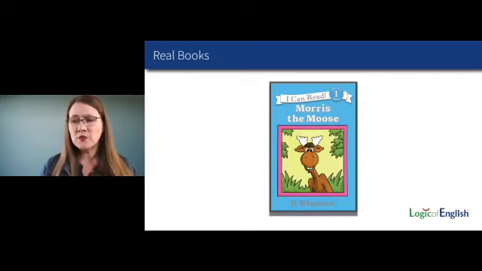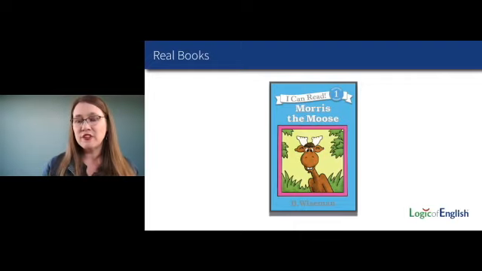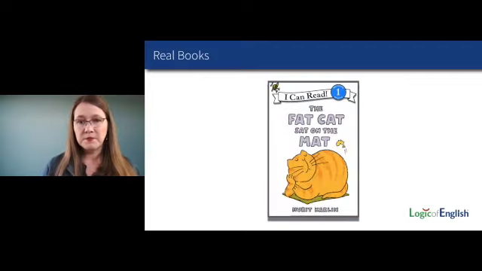And what I found was there were 18 exceptions on the first page of Morris the Moose. So 18 times a teacher or a parent might be saying that's an exception or that's a sight word to a student who was reading Morris the Moose.